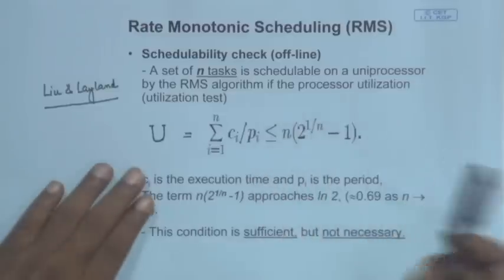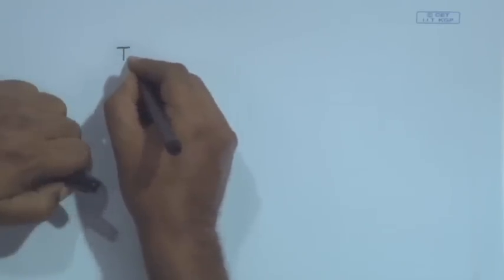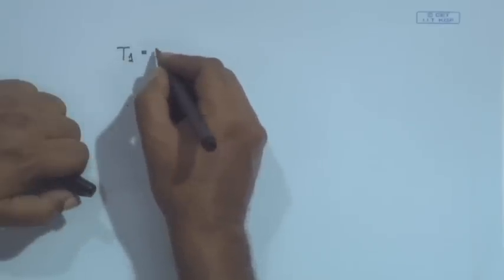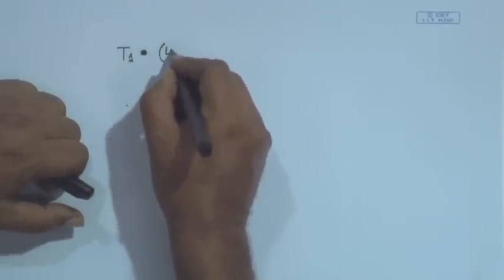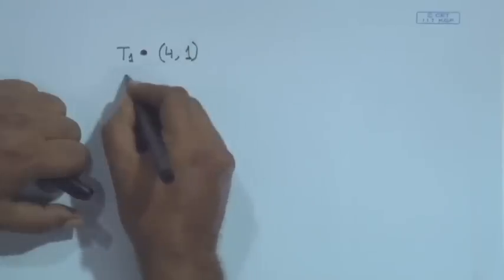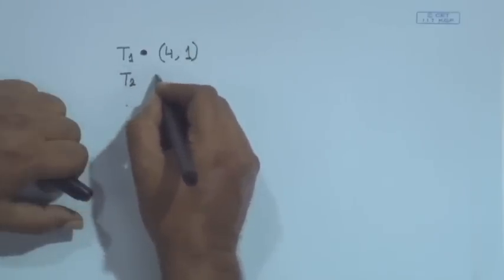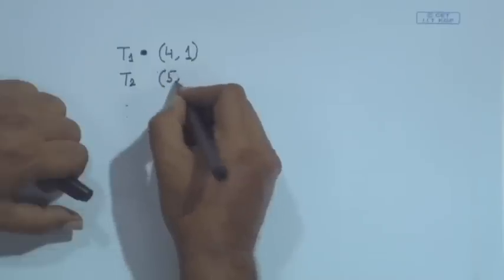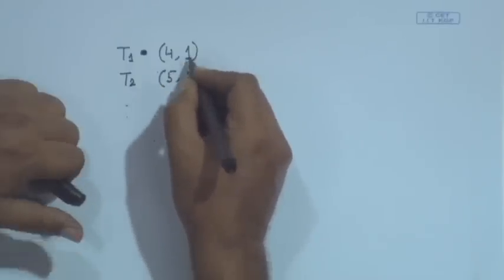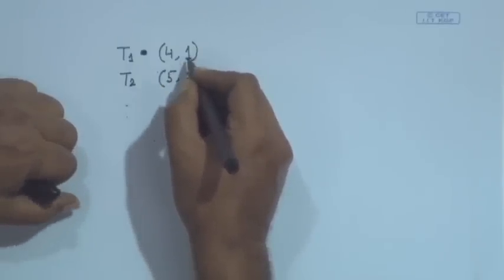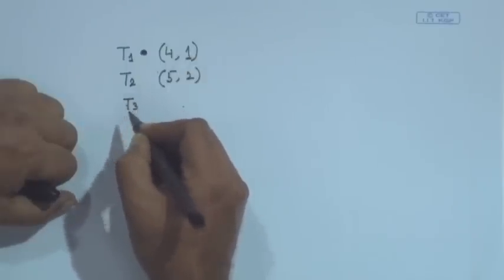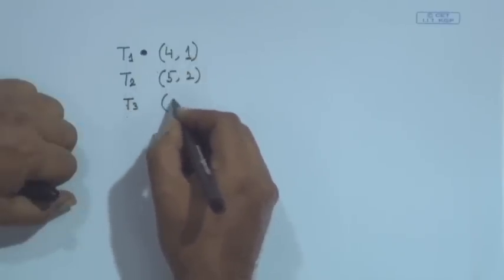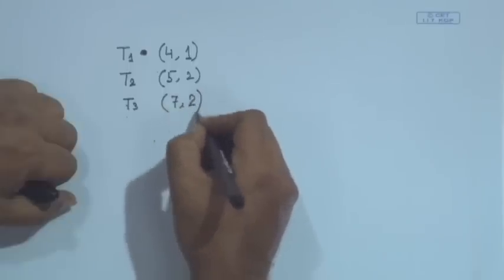Okay. So, now let us take a case. I will come back to this. Let us take a task scenario where I have got a task T1 whose period is 4 and execution time is 1, T2 is another task, 5 and 2, a little different from the earlier one, and T3 is 7 and 2. It is the same as the earlier scenario, which failed.